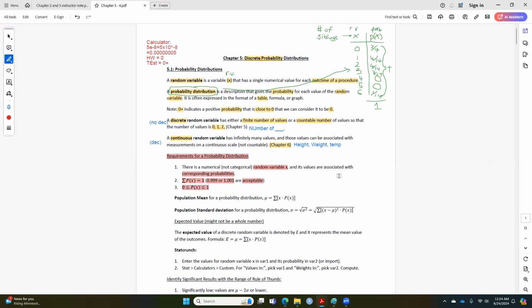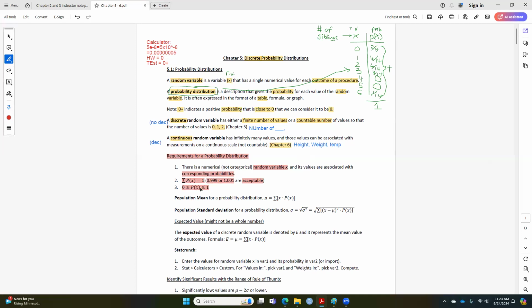And the last requirement is that each probability has to be between 0 and 1. So 2 over 14 is between 0 and 1. 4 over 14, 3 over 14, 1 over 14, even 0 over 14. Don't forget, if you look carefully at this symbol, it does have a little equal sign. That means it can be 0 and it can be 1, including 0 and including 1.